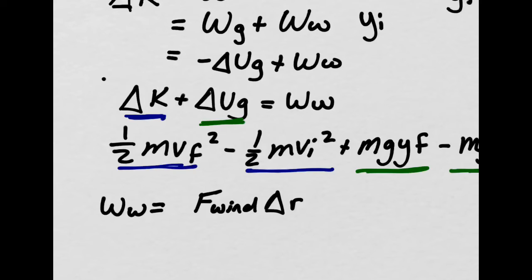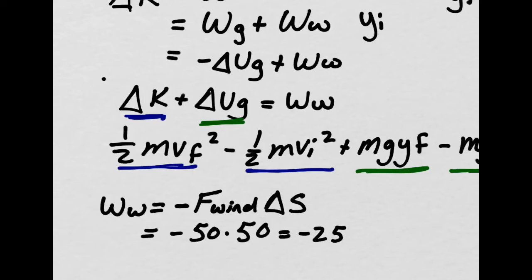We call it S. So this is negative because it's pushing against. So this gives us minus 50 times 50. So minus 2,500.